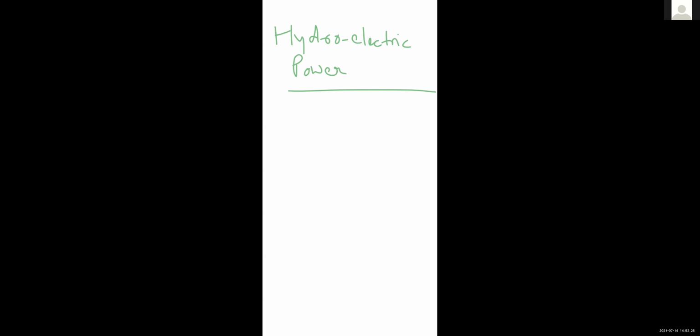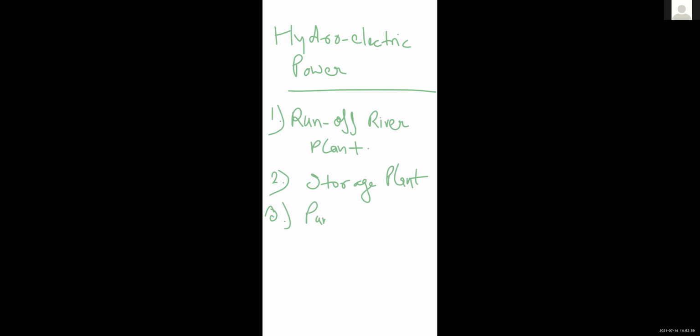That classification is: first is run of river plant, second is storage plant, third is pumped storage, fourth is tidal plant.